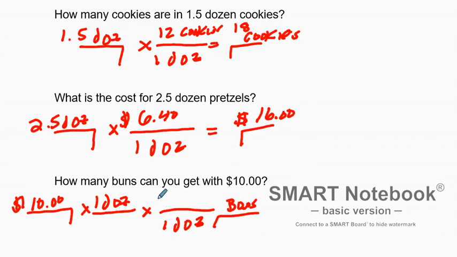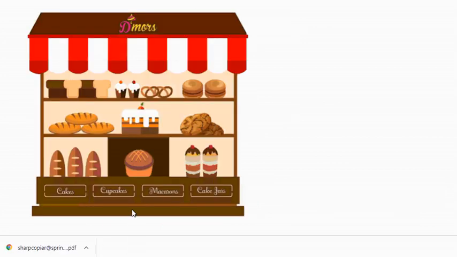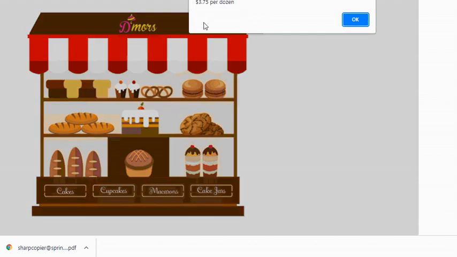Well, I do know that there are 12 buns in 1 dozen, so I can fill that in really quickly there. But what about this? Well, I have to go to the bakery again to figure out the cost for 1 dozen. So let's go back to the bakery. And this is buns this time. And I click on this. It says it's $3.75 per dozen.